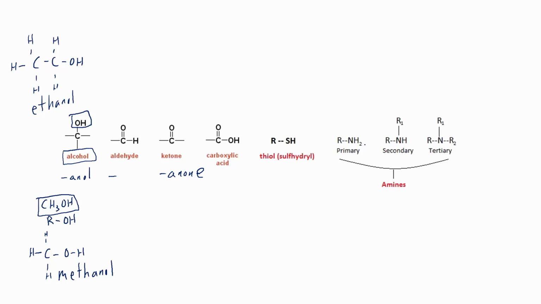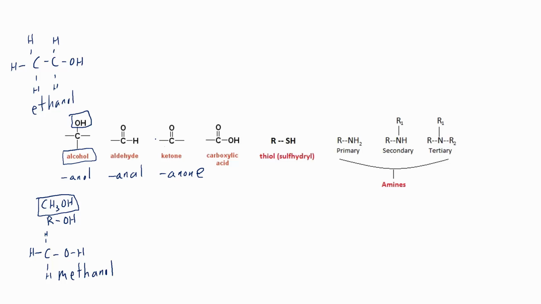We just want you at this point to be able to recognize that these different groups are present. Okay? So anol for alcohols, if it's anal, so methanal or ethanal, that's an aldehyde, and it has this C double bonded to an O and single bonded to an H.